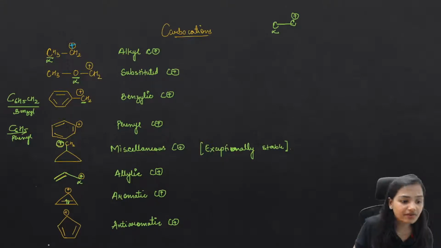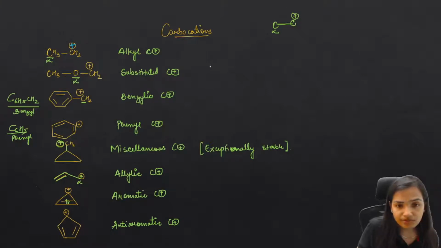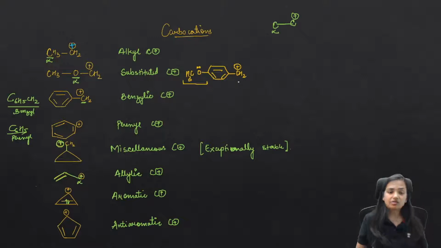If you have any other example like this, let me give you an example where you have a benzene, and this is your carbocation, and here the OCH3 group is substituted. Such carbocations where we have any ortho or para substituent are also said to be substituted carbocations.